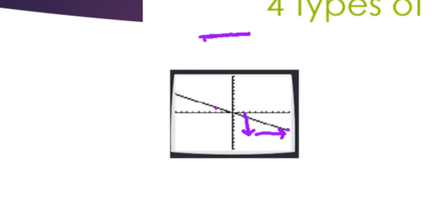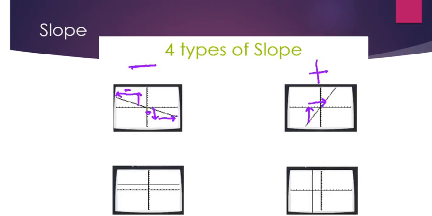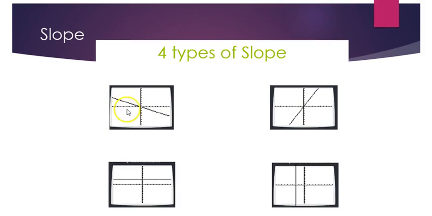Or if you look at it, we go up, but then we have to go to the left to find our next point. See, this is negative or this is negative. One or the other will be negative for it to be a negative slope. It also looks like we're going down the hill. So this is the negative slope and this is the positive slope.